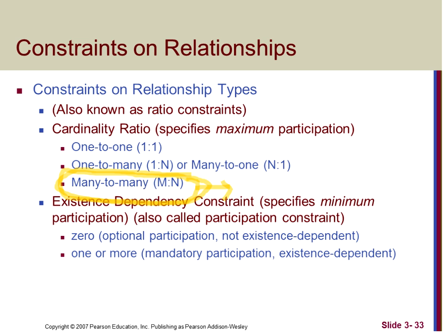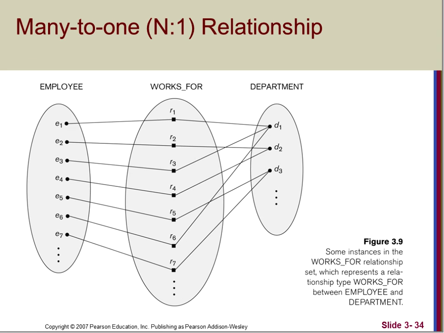A many-to-many relationship later will actually be a table. This is important. Most of the relationships are not changed to a table in terms of database, but many-to-many is always a table. So we will see more examples when we are doing the exercise lab, as well as the relational database model later.